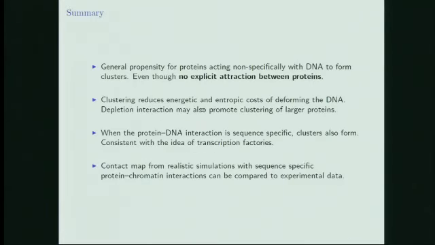Okay, so I'm getting towards the end now. Just to summarize, we found that there's a general propensity for proteins acting non-specifically with DNA to form clusters, even though there's no explicit attraction between them. This clustering can reduce energetic and entropic costs of deforming the DNA, and perhaps this depletion interaction is also having an effect.